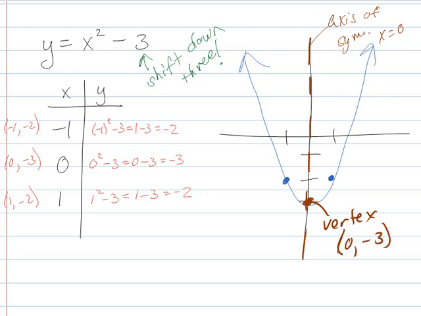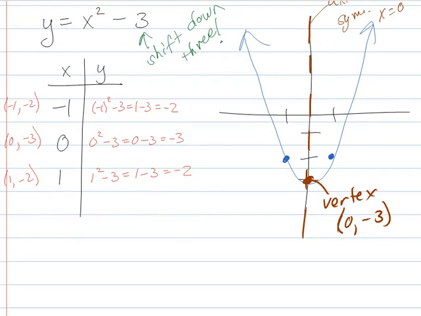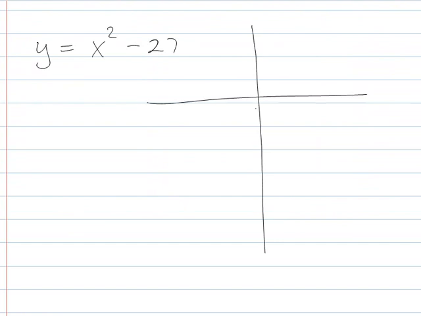And actually this applies to everything. If I give you generic y equals x squared minus 27, then you don't even have to really calculate the points. The point goes down to 27, so 0 minus 27.